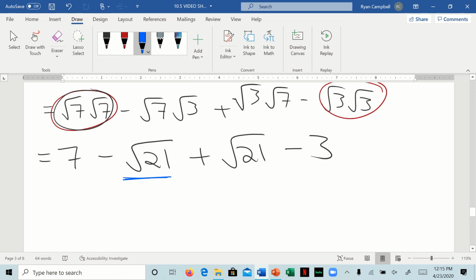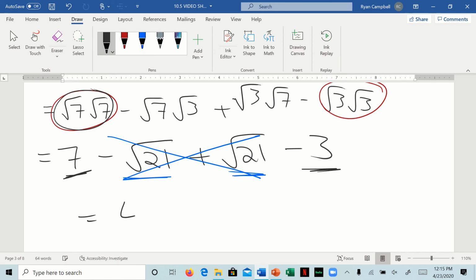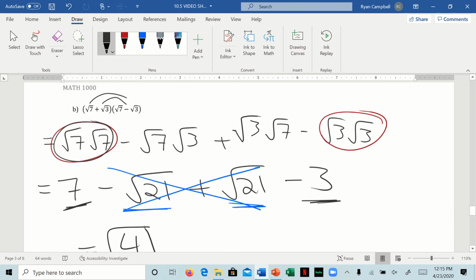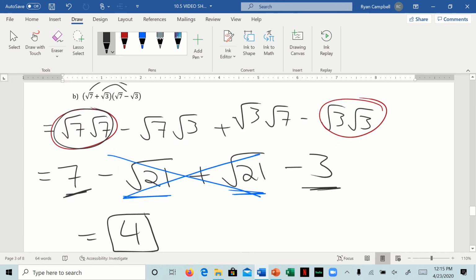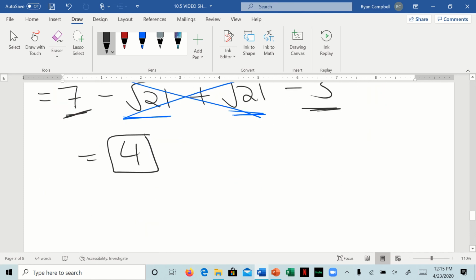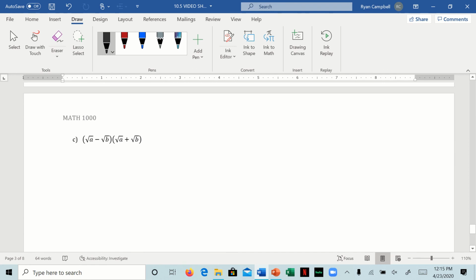Notice that the inside numbers are going to cancel out, right? Minus square root of 21 plus square root of 21. So we end up with 7 minus 3, which is just 4. And if you actually notice, this is just the difference of squares.